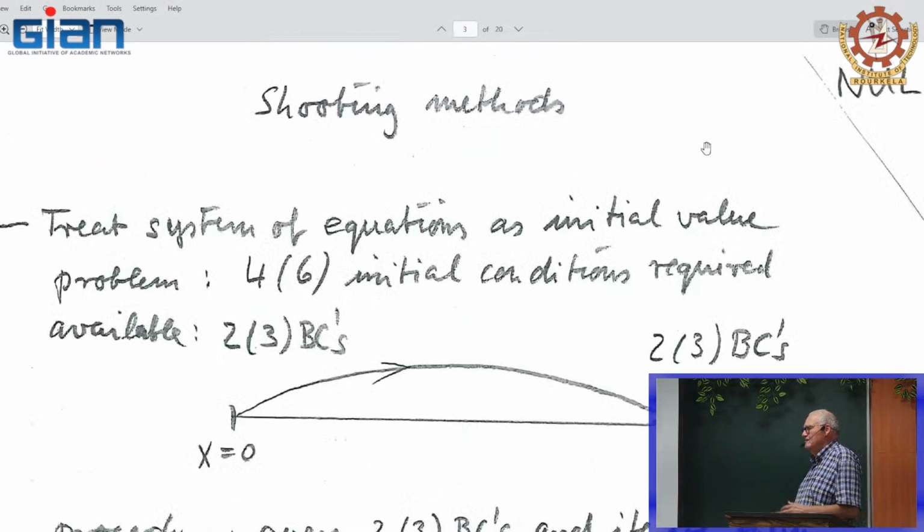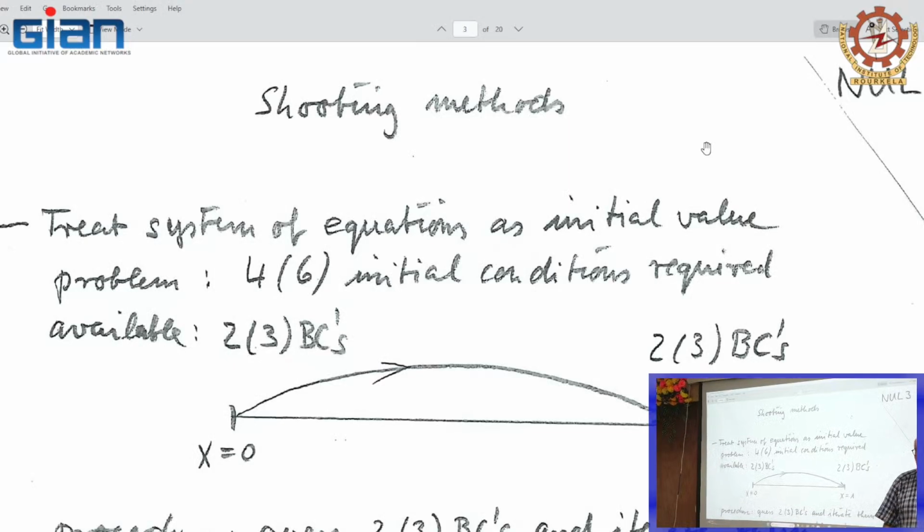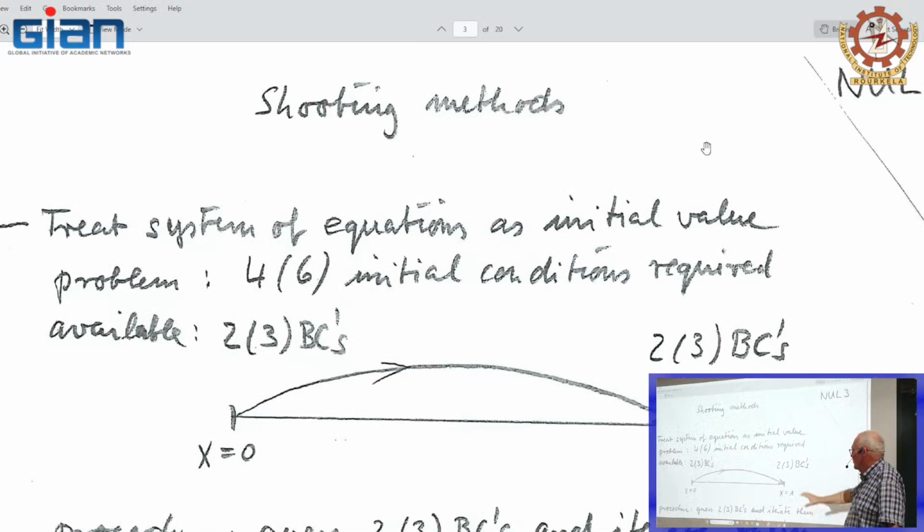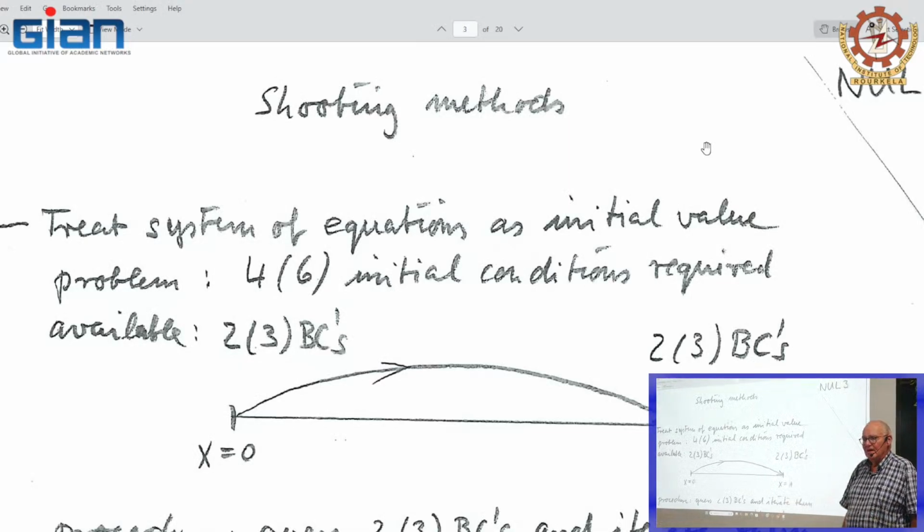We treat the system of equations as an initial value problem: we integrate from one boundary and try to reach the other boundary and satisfy the remaining boundary conditions at the second boundary.